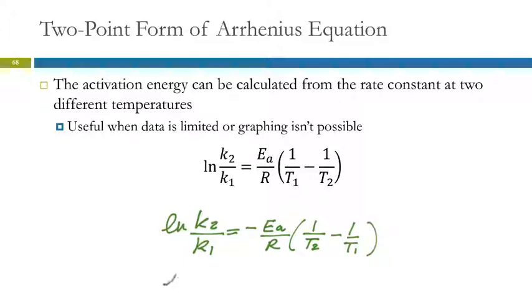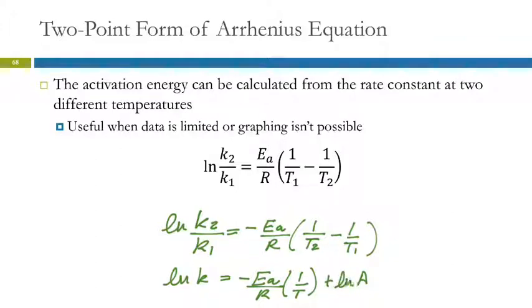So in my mind, this corresponds more closely to this linear form of the equation. Essentially what this two-point form is doing is you take the information at one data point and we're subtracting the information at the other data point.